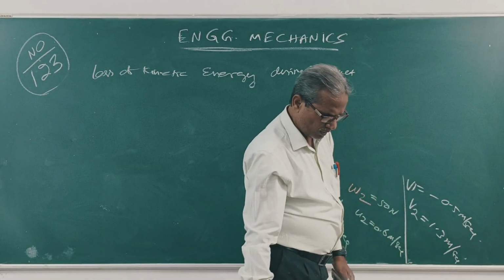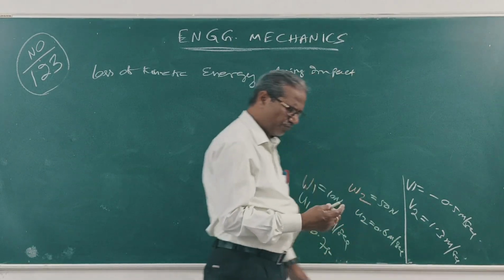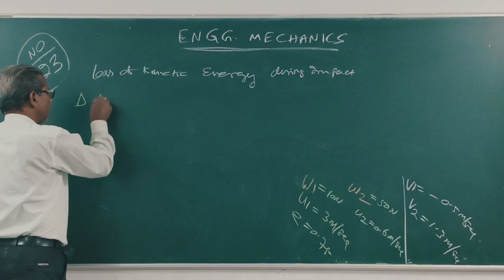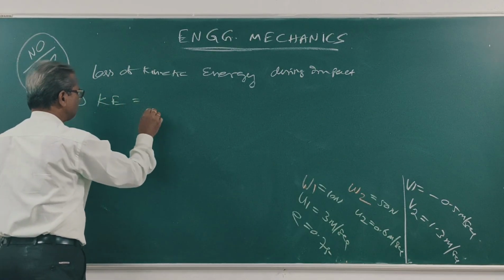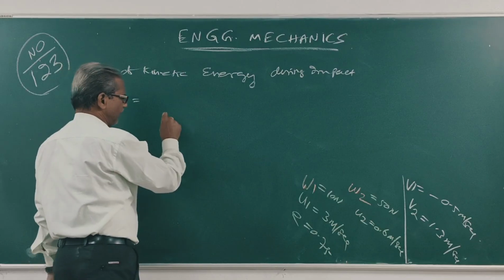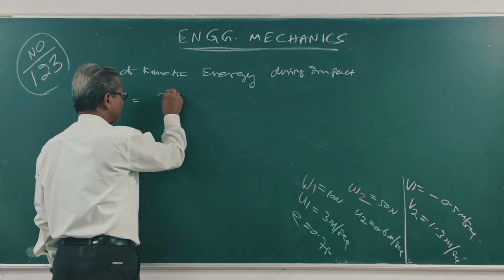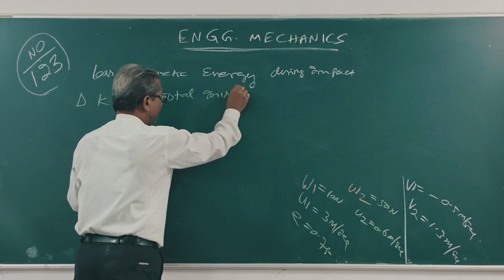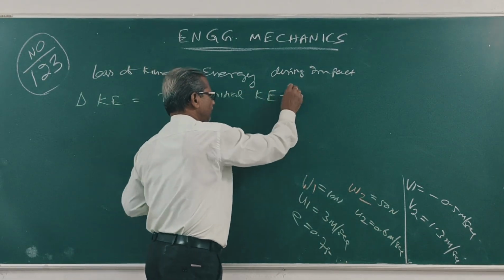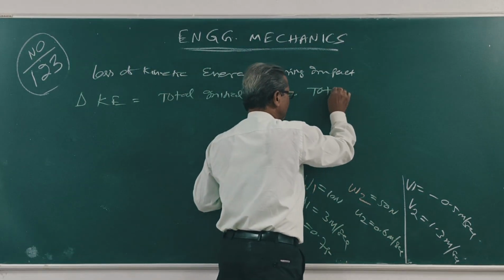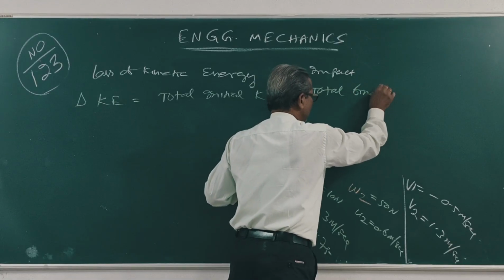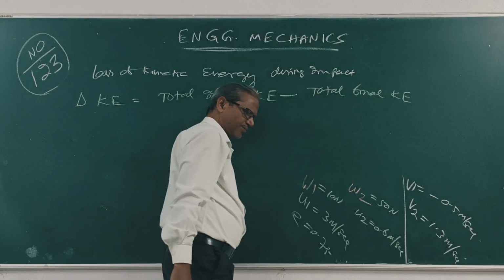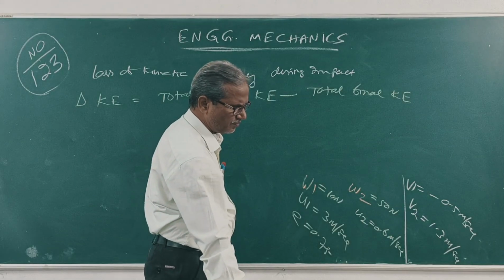So delta K is equal to total initial K minus total final K. Clear? What is initial K?